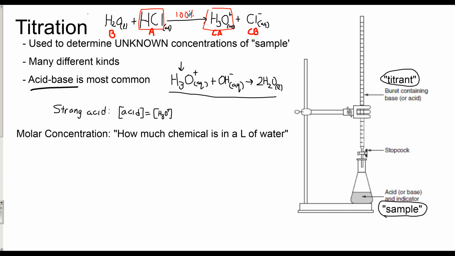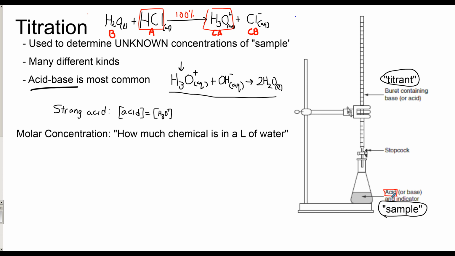And so let's think for a moment. Let's say that our unknown sample is an acid. And if we want to determine the concentration of an acid, we need to add a base to it. Now, if we're adding a base to an acid, remember, acids have a low pH and bases have a high pH.